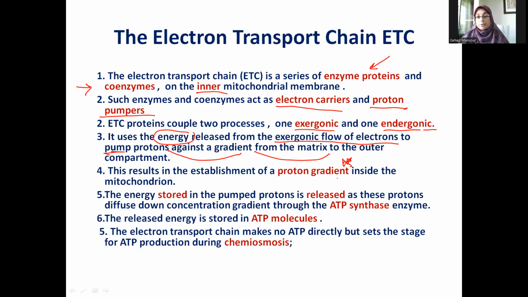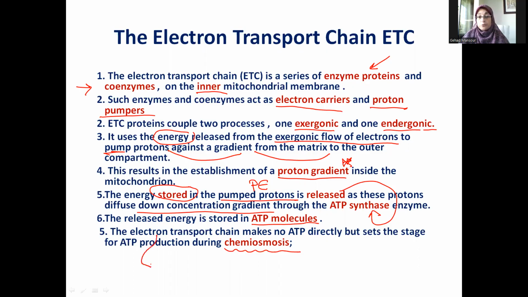Thus, we have established a proton gradient, and this energy will be stored in the pumped protons. So the pumped protons store potential chemical energy, and this will be released when they pass passively down the concentration gradient by facilitated diffusion through the ATP synthase, and this energy will be stored in ATP molecules. So the process of diffusion of the protons down the ATP synthase is called chemiosmosis, as I said.